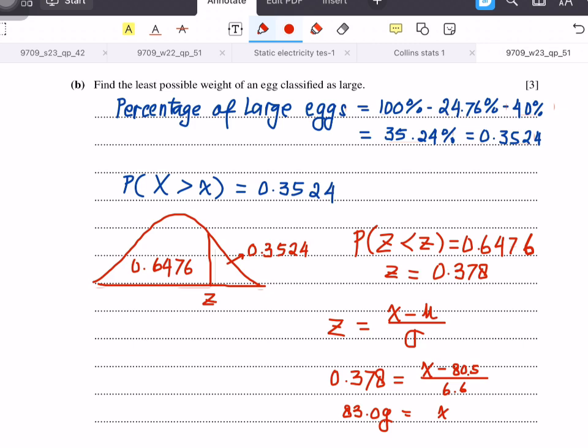So z is equal to 0.378. And then using formula z is equal to x minus mu divided by sigma, we can find the value of x. It's 0.378 is equal to x minus 80.5 divided by 6.6. So using algebra, we can find x is equal to 83.0 grams.